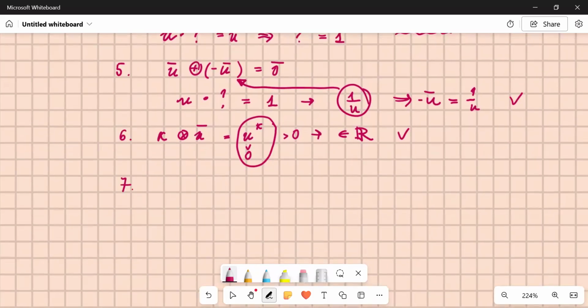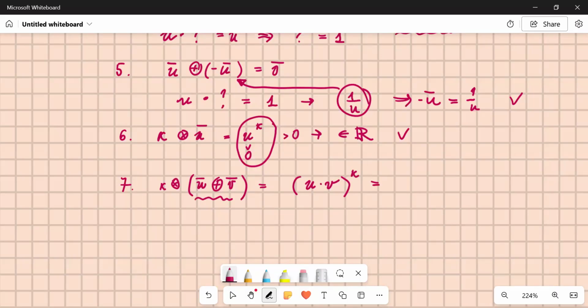Okay, number 7. Number 7 is distributive law over addition. So we have k, this strange cross multiplication, and u then plus v. How is it going to work? Well, let's just plug everything in using our rules. I'm going to start with parentheses first and then apply this. So addition is going to be just a product of u and v, right? Scalar multiplication is raising this product to the power. Now, guys, we use regular algebra laws.